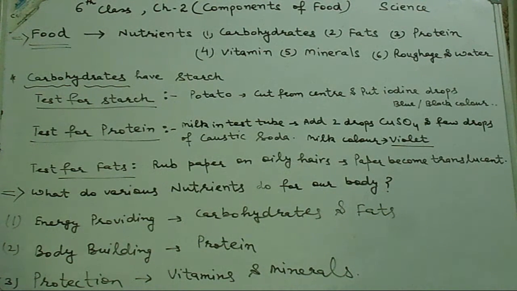In the last chapter we got so much information about food, whatever raw material is needed for our food, and what the sources of that particular food are. And now we are going deeper into that food.